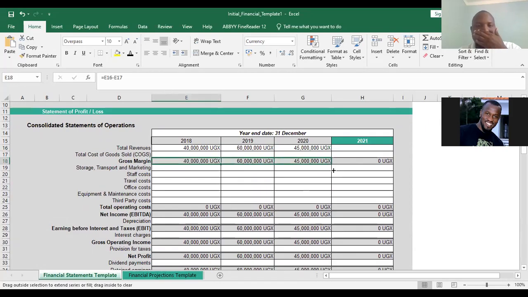But usually from revenue, we remove our cost of goods sold, or in our previous sessions, we had the total variable costs that contribute towards the product. So I'm going to assume our total variable costs is going to be 25 million for year one. Year two, I'm going to assume it is 34.